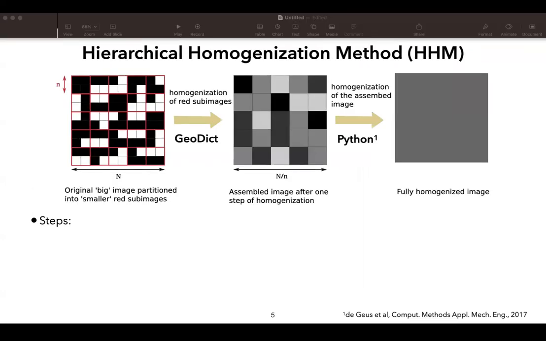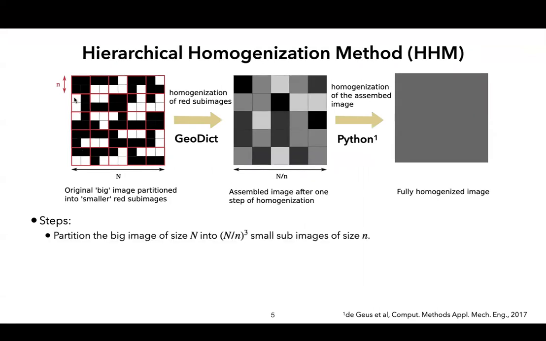Here is the basic idea behind the hierarchical homogenization method. We have a large image of size capital N, which has two phases, black and white.